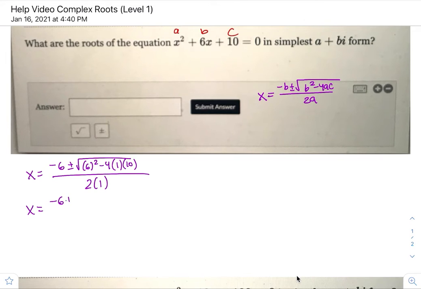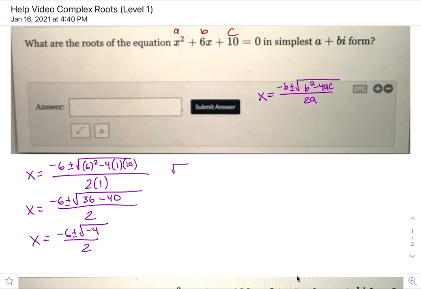Let's simplify. Negative 6 plus or minus 6 squared is 36, minus 4 times 1 times 10, which is minus 40, all over 2. So x is going to equal negative 6 plus or minus the square root of negative 4 all over 2.